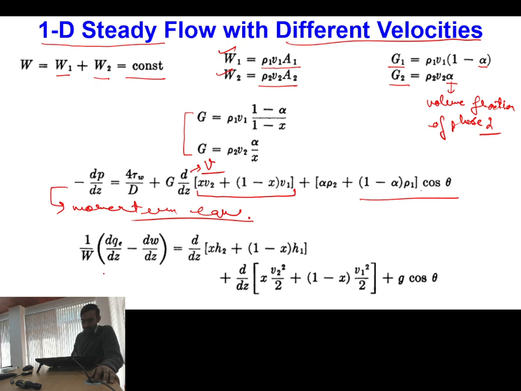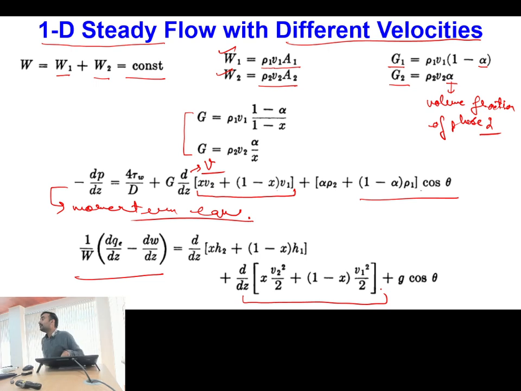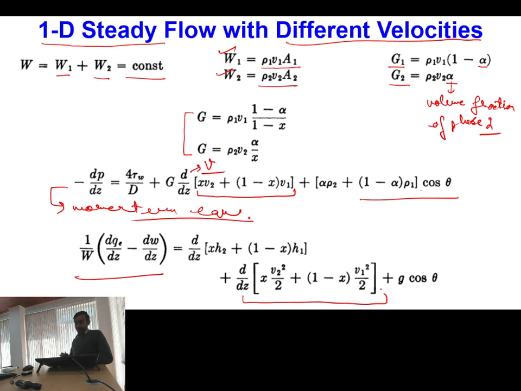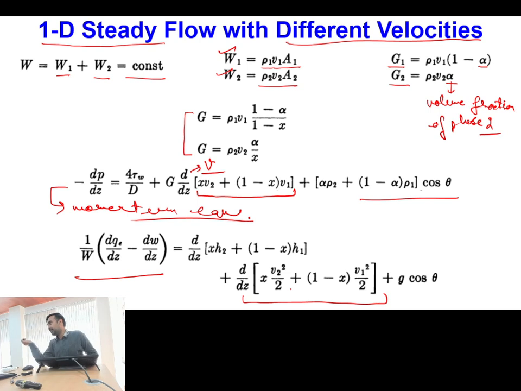In a similar way, if you write down the energy equation, we had one term d by dz of v square by 2, where v square by 2 was the kinetic energy per unit mass. Now, because both phases have different velocities, the kinetic energy is the mass fraction of the second phase times v2 square by 2, plus the mass fraction of the first phase times v1 square by 2.